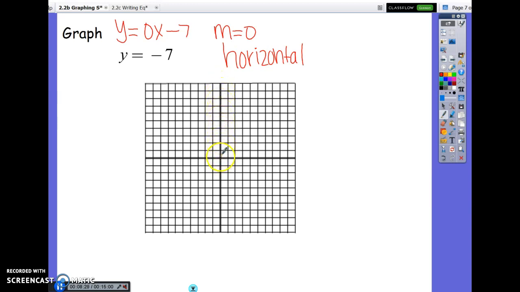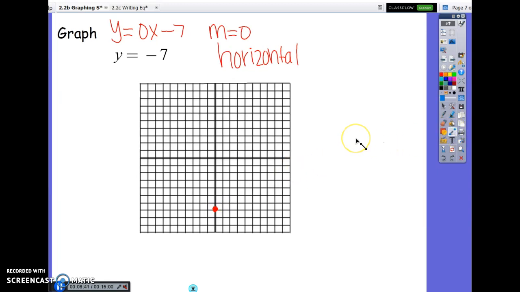So I'm going to find negative 7 on my y-axis, way down here. Then I'm just going to draw a line right there, a line going through that point, a horizontal line to be specific. And that is our graph for y equals negative 7.